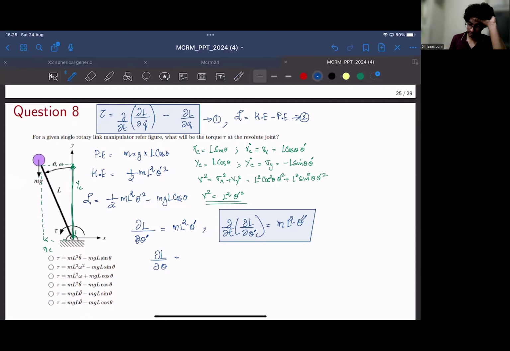So that makes it minus mgl, and the derivative of cos theta is minus sine theta. There won't be any theta dot because we are taking the partial derivative with respect to theta, not with respect to time. So that makes this mgl sine theta.